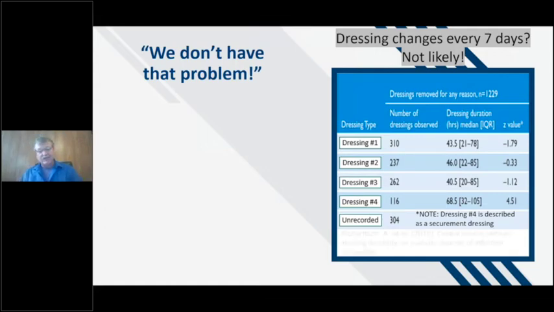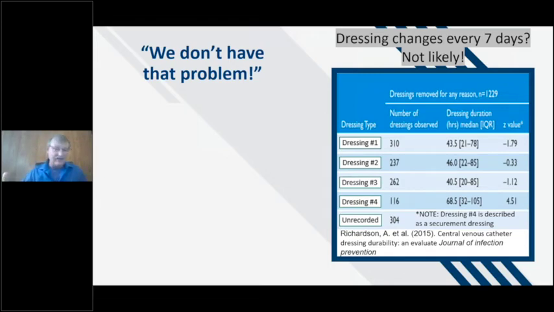Honestly, it is. This is a study by Richardson in 2015. It was not a small study, you guys. It was a large study, and it really shows the rates of dressing changes. Most of them didn't even last for 2 days. And dressing number 4 was a securement dressing, and it didn't even last 3 days.